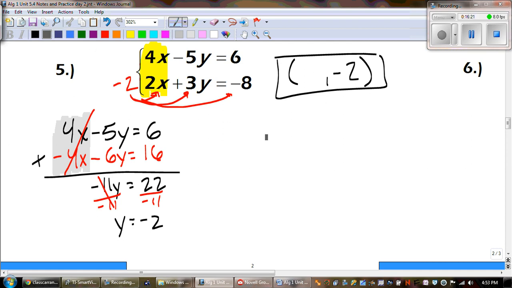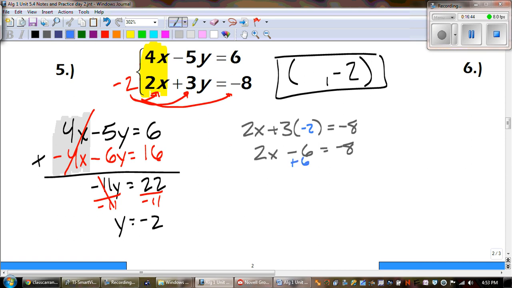Okay. Which equation, top or bottom? Yeah, the bottom. It's got smaller numbers. Okay, so I'm plugging in -2. So 2x, 3 times -2 is -6.